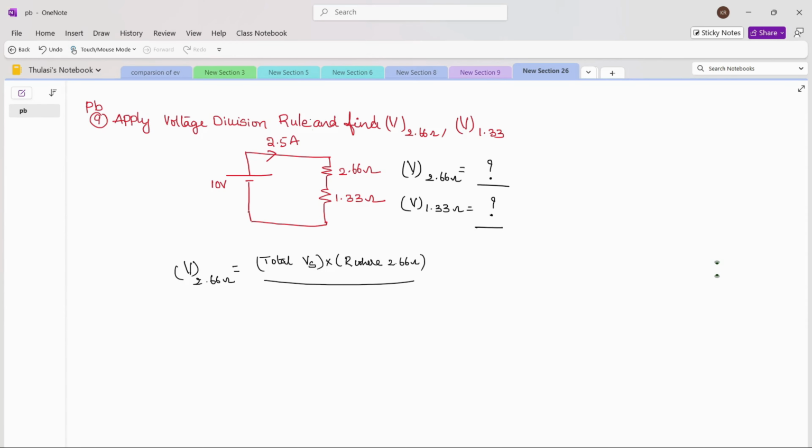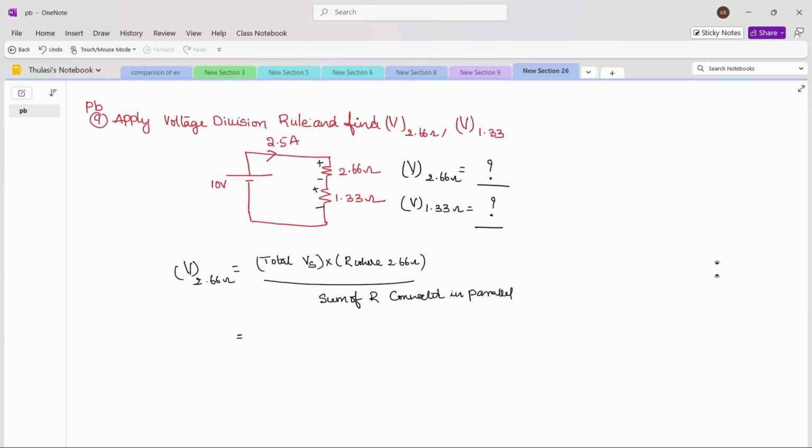These are the two resistors we can see here, connected in series. Therefore we can write the formula as the sum of resistors connected in series. This is very important. So now just apply the formula.